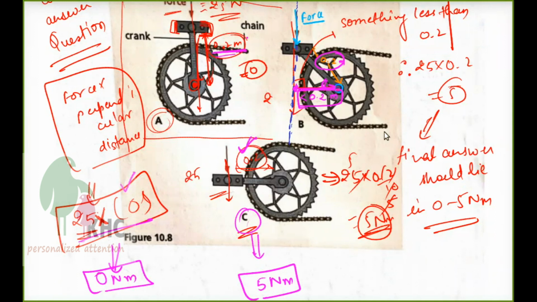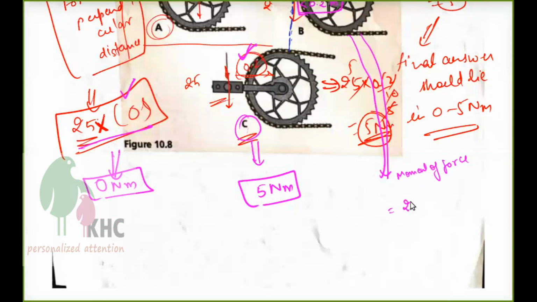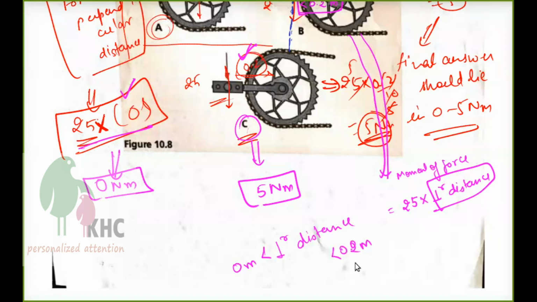So if for this case you are going to write down moment of force, then it is going to look something like this: force multiplied by perpendicular distance, where perpendicular distance is something which is greater than 0 meters but less than 0.2 meters.